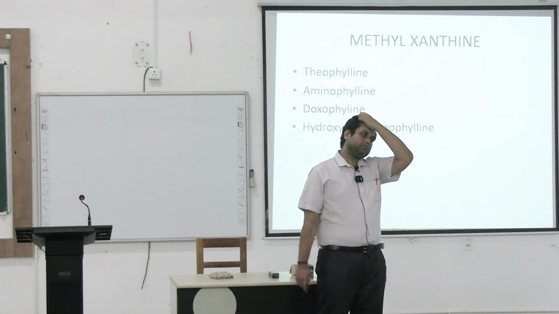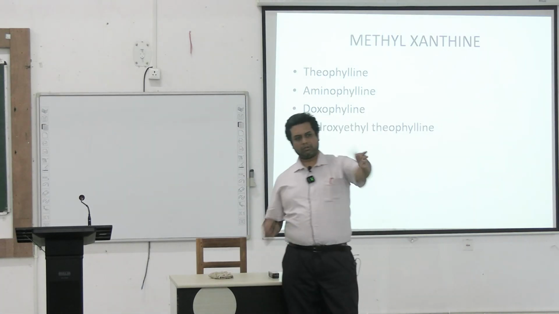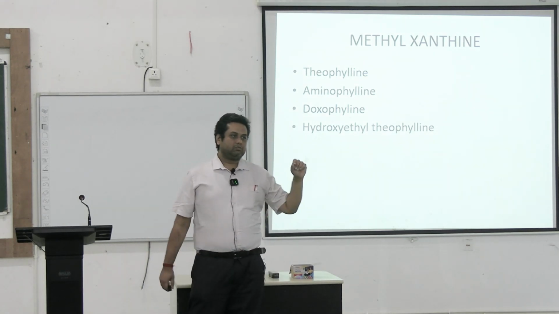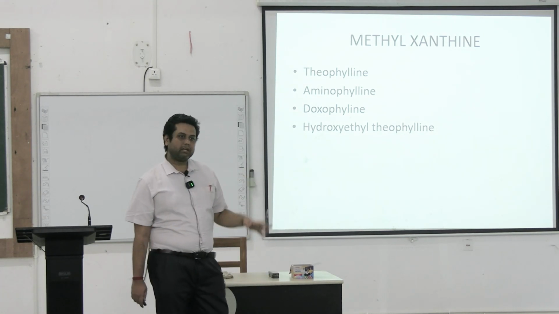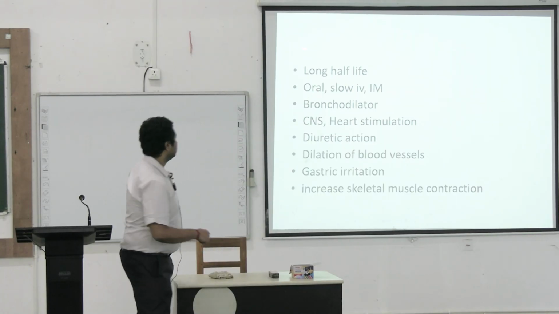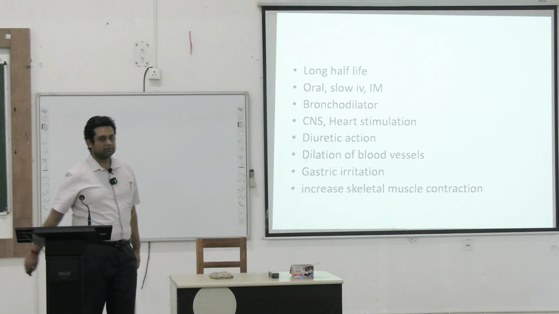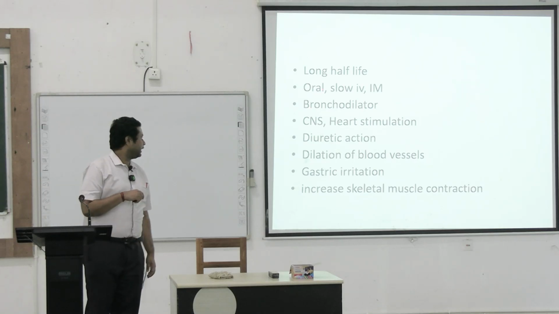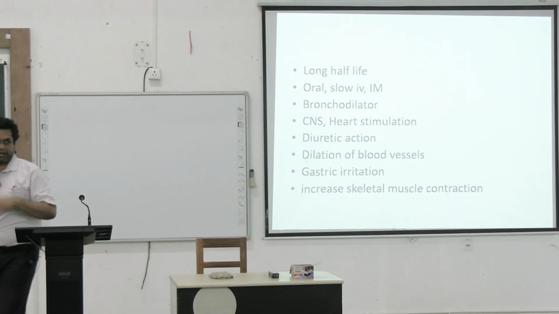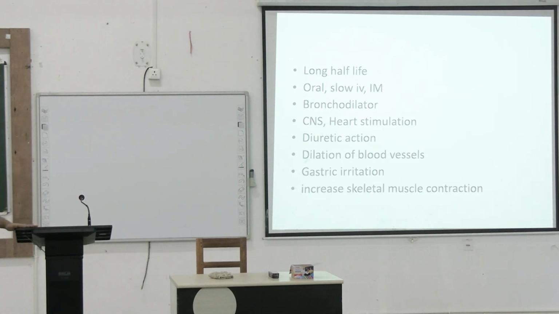What do you mean by margin of safety? Anyone? Somewhat like that. What she has said is right. So you have to use it very carefully. They have a long half-life. Oral, slow IV. The problem with oral is that they have high first-pass metabolism.